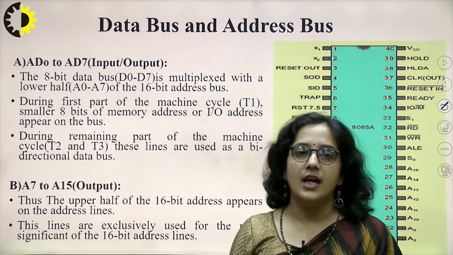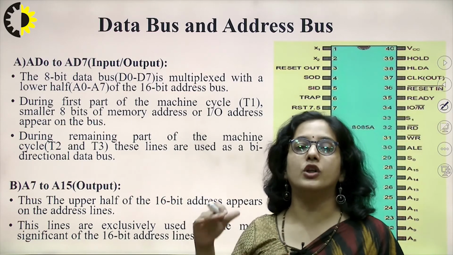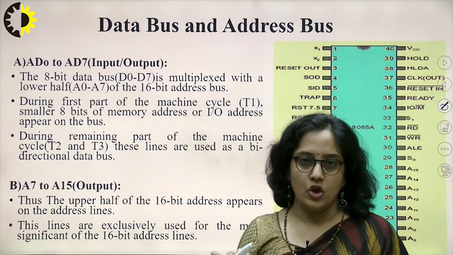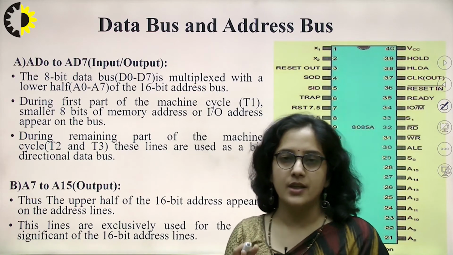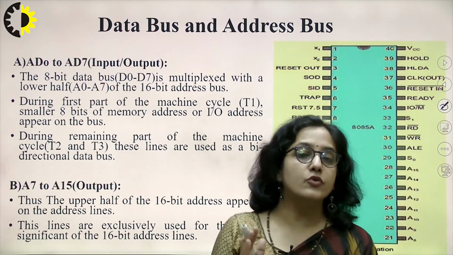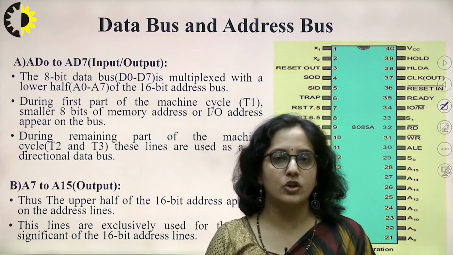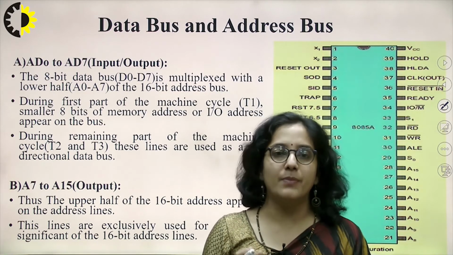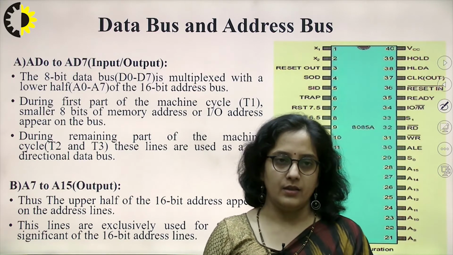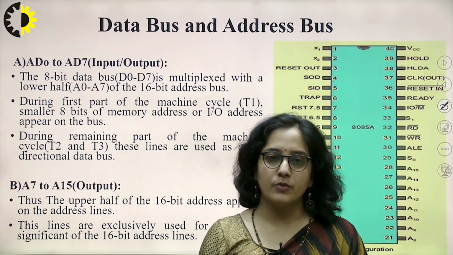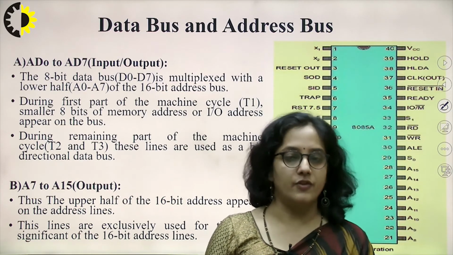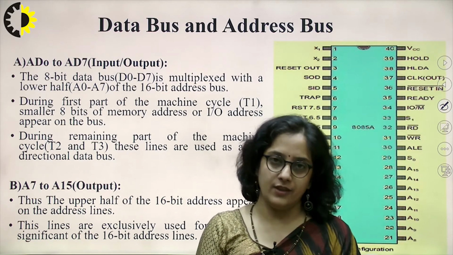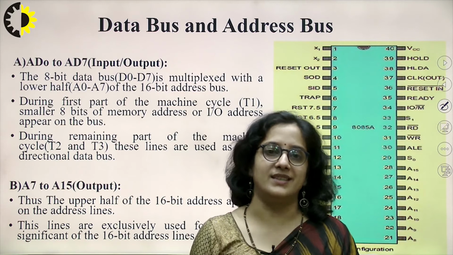In that case, instead of 40, we will have a 48 pin IC. So, to reduce the manufacturing cost, as well as to reduce the size of this 8085 microprocessor, we multiplexed some signals. Inside the microprocessor there are 2 different buffers, one will store address, one will store data, and in the outside world we have to demultiplex this signal.